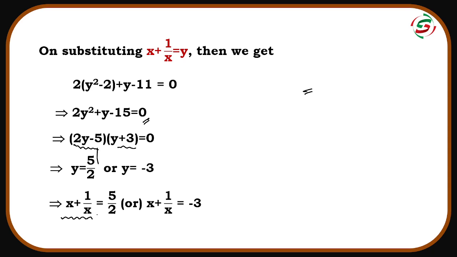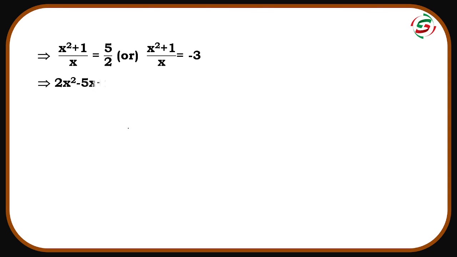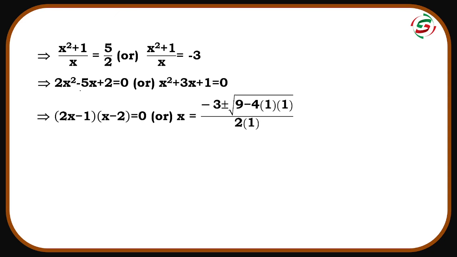Here you have to replace the y term. So that will be x plus 1 by x equal to 5 by 2, and x plus 1 by x equal to minus 3. Now you can simplify it by the cross multiplication method. So 2x square minus 5x plus 2 will be equal to 0, and x square plus 3x plus 1 will be equal to 0. Factorize this, it will be 2x minus 1, x minus 2 equal to 0.